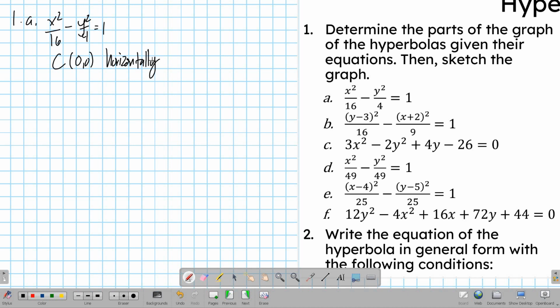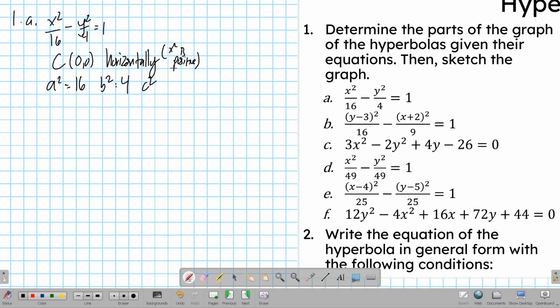With that in mind, we can now go to a squared, b squared, and c squared. Now x squared is positive. So a squared is the denominator always on the positive term, so that would be 16. B squared is the other denominator, which is 4.